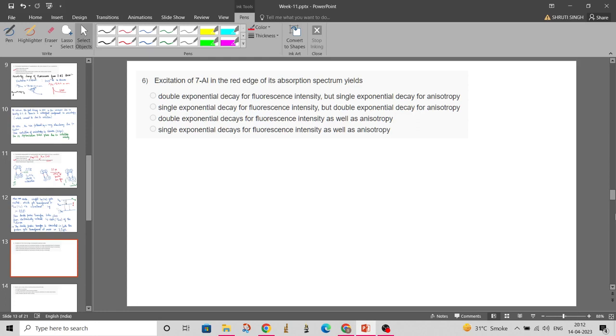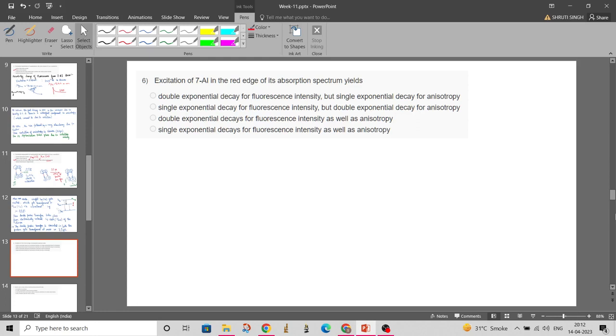First is, double exponential decay for fluorescence intensity but single exponential for anisotropy. Second, single exponential for fluorescence intensity but double exponential for anisotropy. Third, double exponential for fluorescence intensity as well as anisotropy. Fourth, single exponential for fluorescence intensity as well as anisotropy.